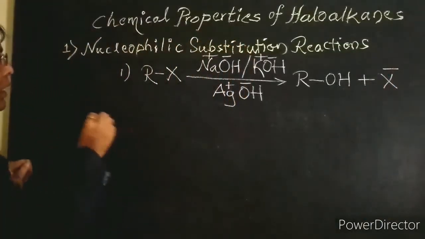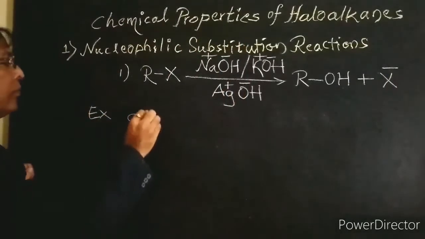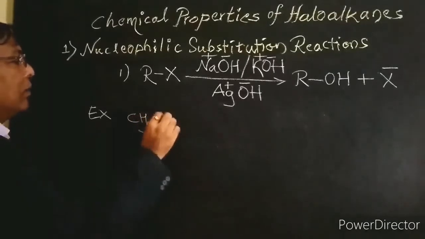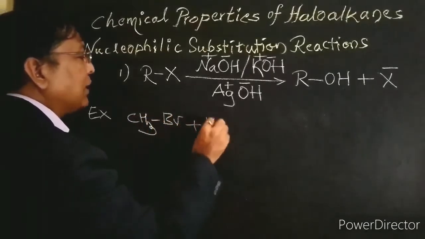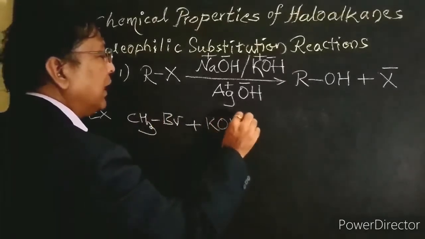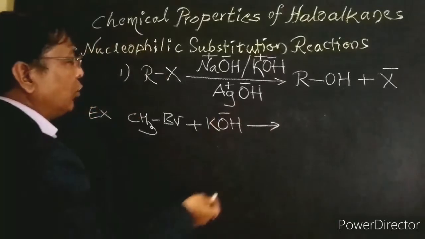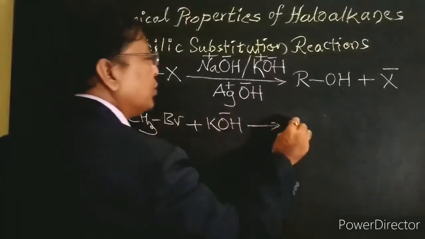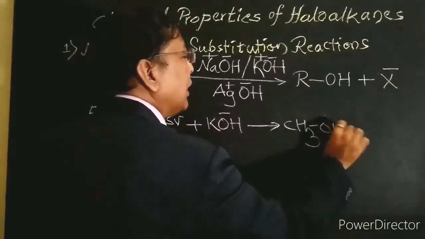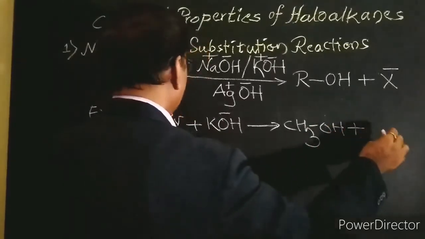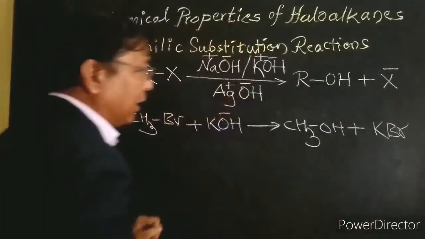For example, if we take methyl bromide, and if we react this methyl bromide with say KOH, we know that OH minus is the nucleophile that is going to substitute with the methyl group, and we get methyl alcohol and potassium bromide, that is KBr.